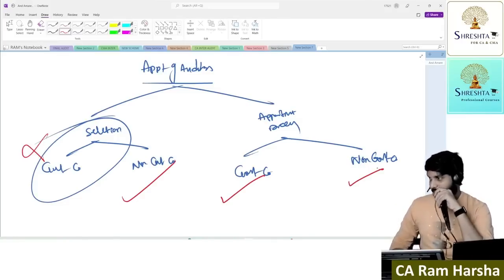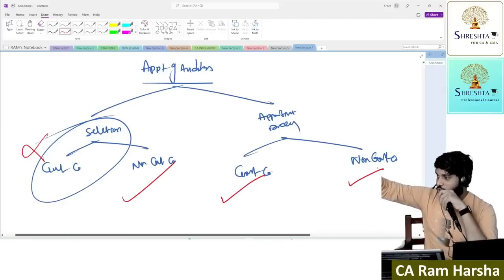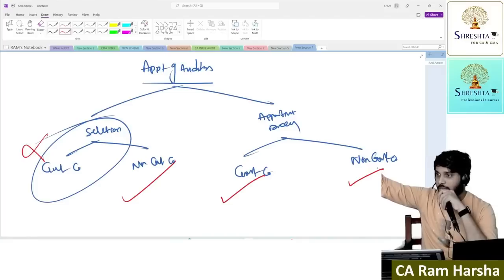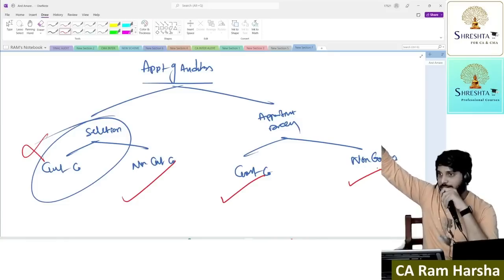Now here, what is a government company? 4 criteria are there. If any of these 4 criteria are satisfied by a company, it's a government company. Criteria 1, not less than 51% of the voting power held by central government. Or criteria 2, not less than 51% held by one or more state governments.